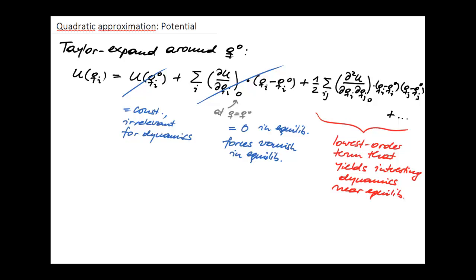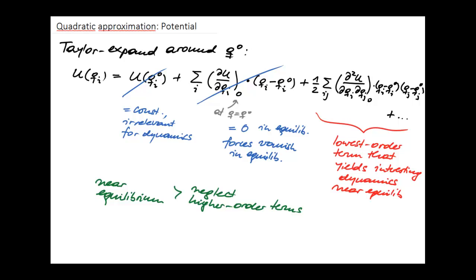We will neglect all higher order terms, and we will focus on this quadratic term, which is the lowest order term that gives an interesting dynamics in the neighborhood of equilibrium.